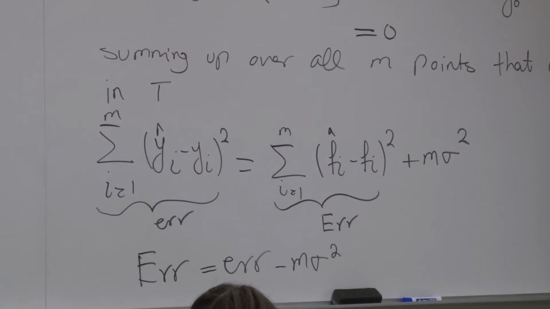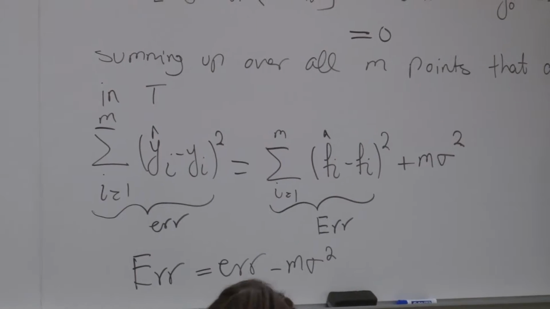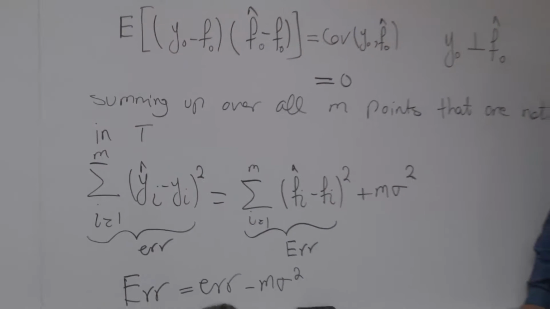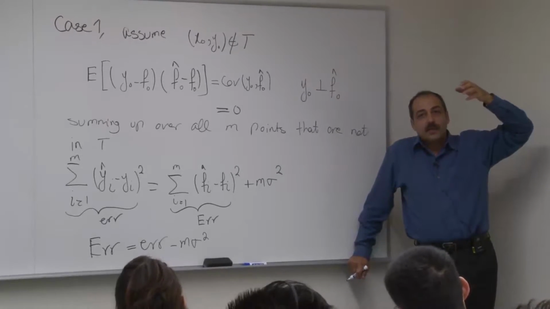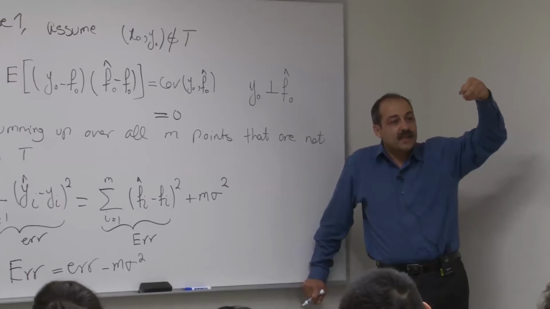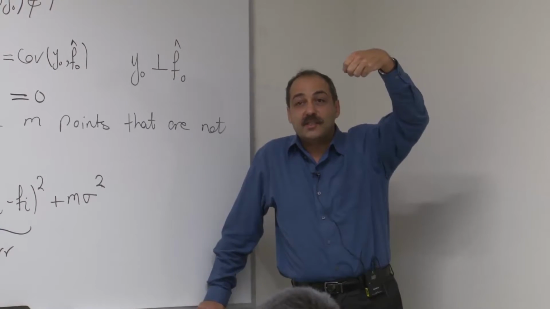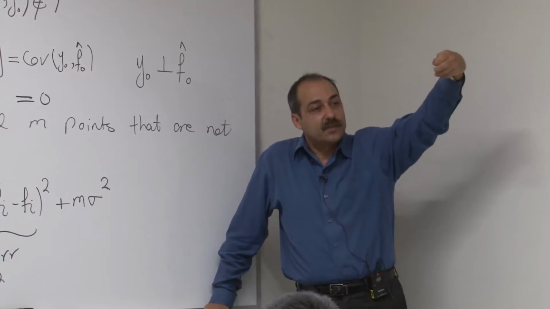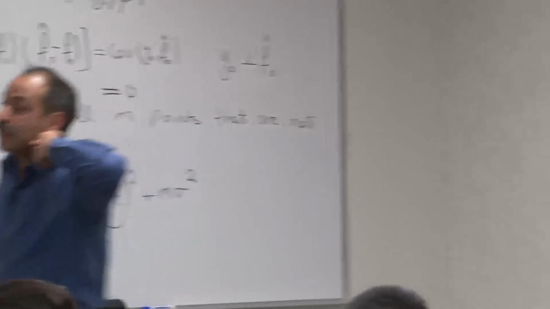This is the justification behind the cross-validation technique. In cross-validation, we train our model using the training set, but we have a validation set. The validation set is a set that our model hasn't seen. It hasn't been observed, right? We are not minimizing the error on the training set.